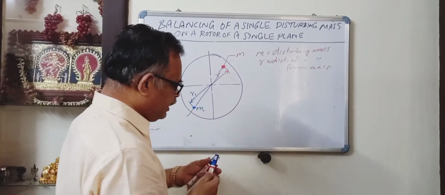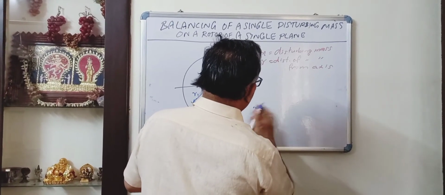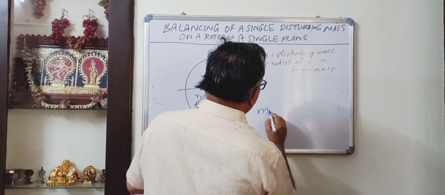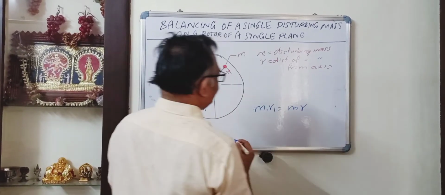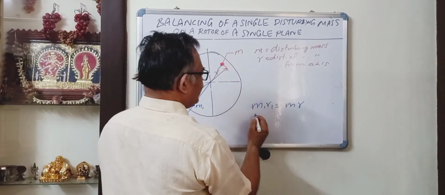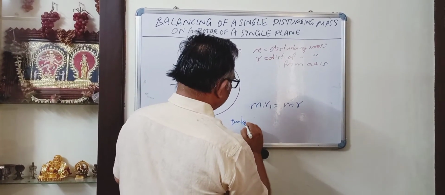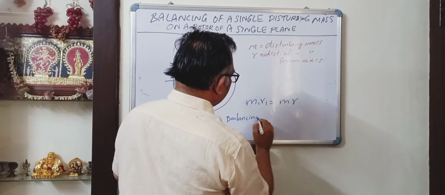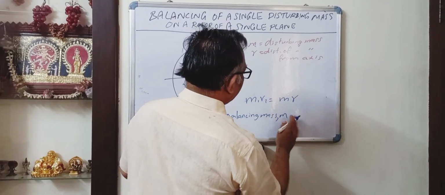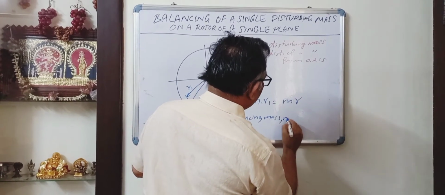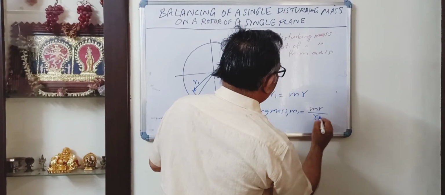So the governing equation will be m1 r1 is equal to m r. So r1 is a convenient distance, and the balancing mass m1 is equal to m r divided by r1.